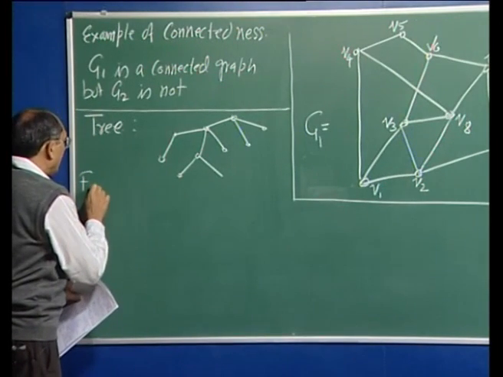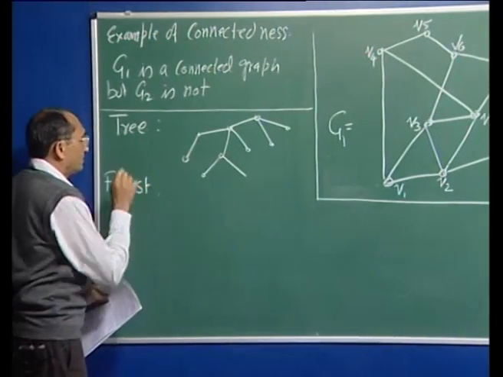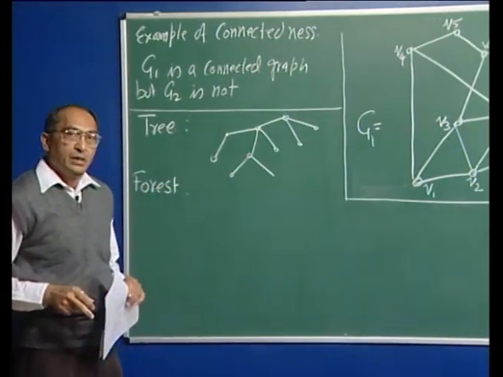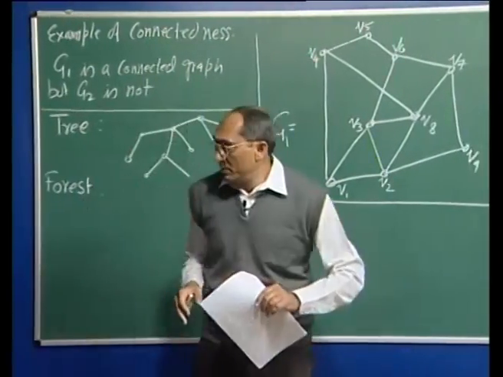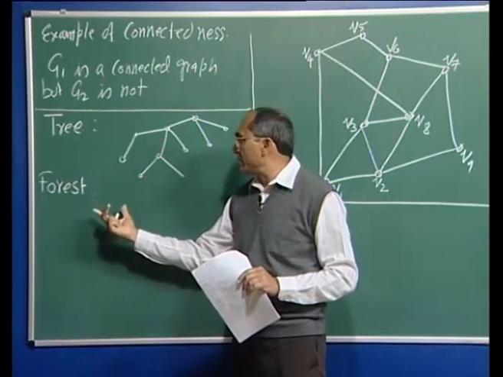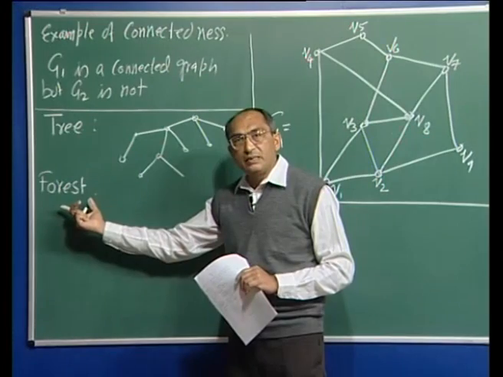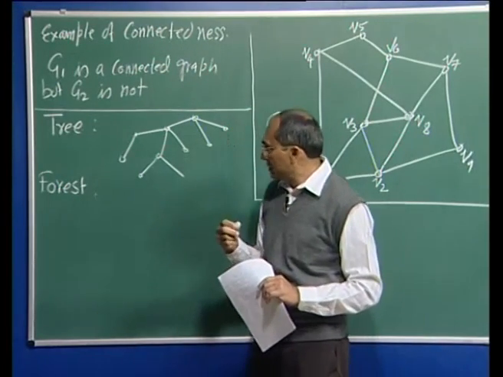A closely related notion is that of a forest. If we drop the condition of connectedness in the tree, then that becomes a forest. So, any graph without any cycle is called a forest.